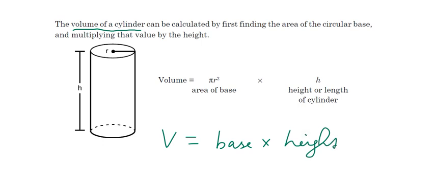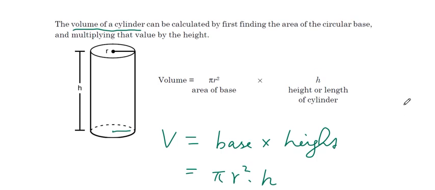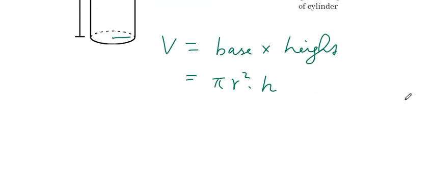Here the base is a circle, so the area is pi r squared. The height is h. So the volume is pi r squared h. If we are given r and h, then we can find the volume.